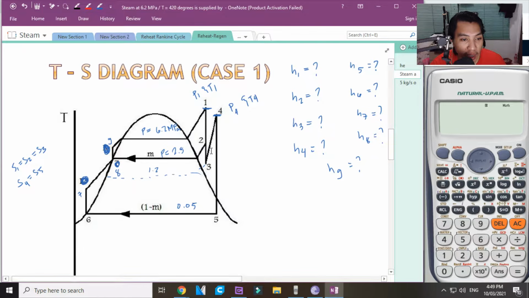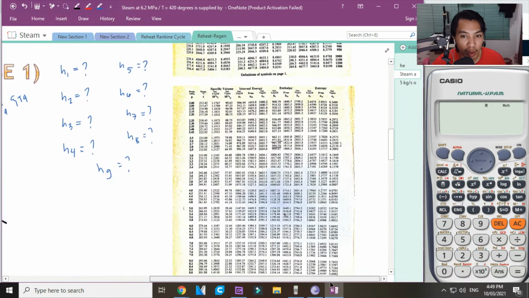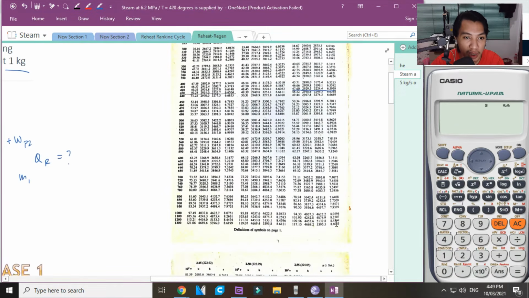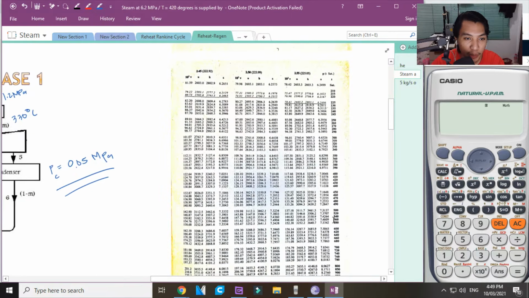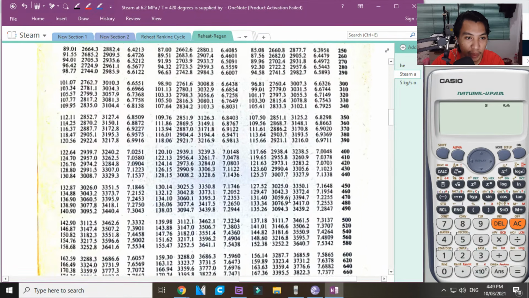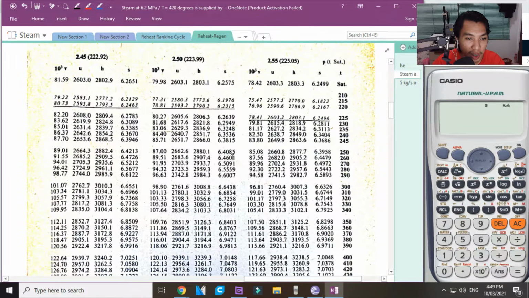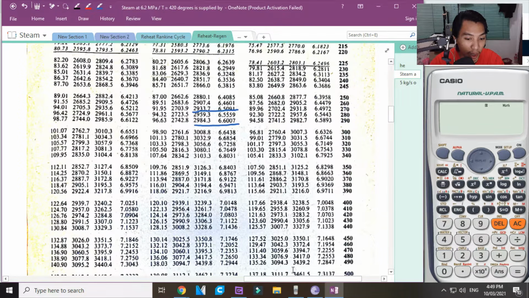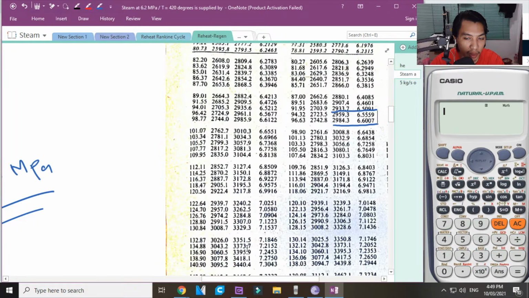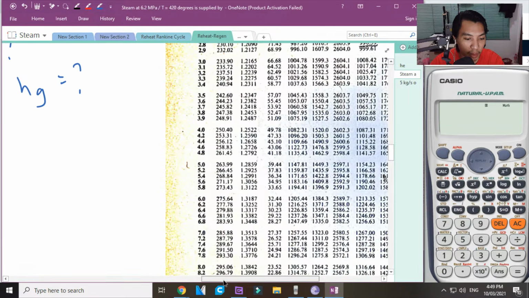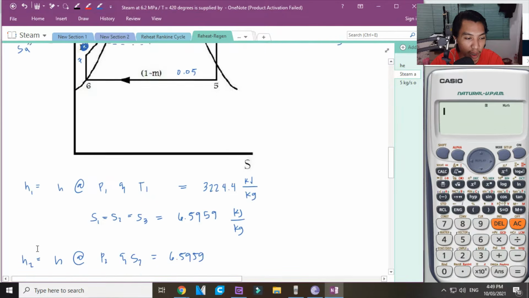And then H2, pag tinignan mo dito, that is superheated pa rin under the superheat region. Alamin natin si 2.5. Hanapin natin dito sa S: 6.5959. Nasaan siya? Andito sa gitna nitong dalawa. So, anong gagawin natin dyan? Mag-interpolate tayo. Interpolation of values to determine H2.